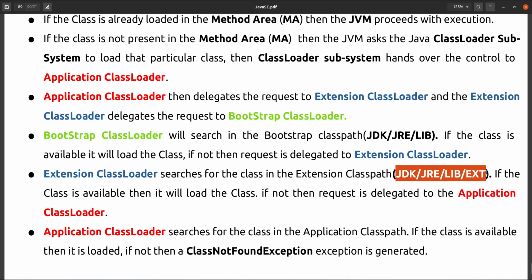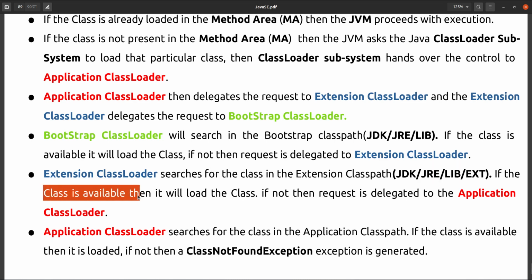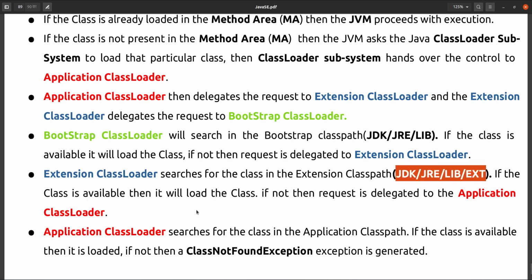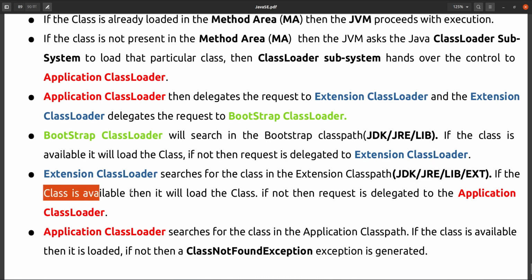Inside this extension library, some .class files, some libraries or some jars will be there. So in that jar your extension class loader will search, and if the class is available under this extension library, then the extension class loader will load this class.